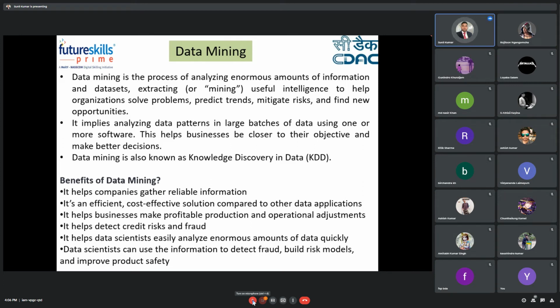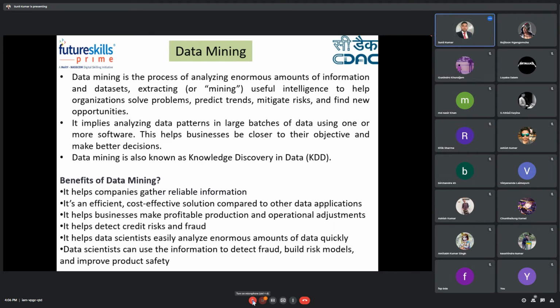Data mining is not just to search the data. Data mining is also an important aspect of the business. As I have explained, if a company wants to check their progress over 5 years, how will they check it? Through analysis, by analyzing the data.